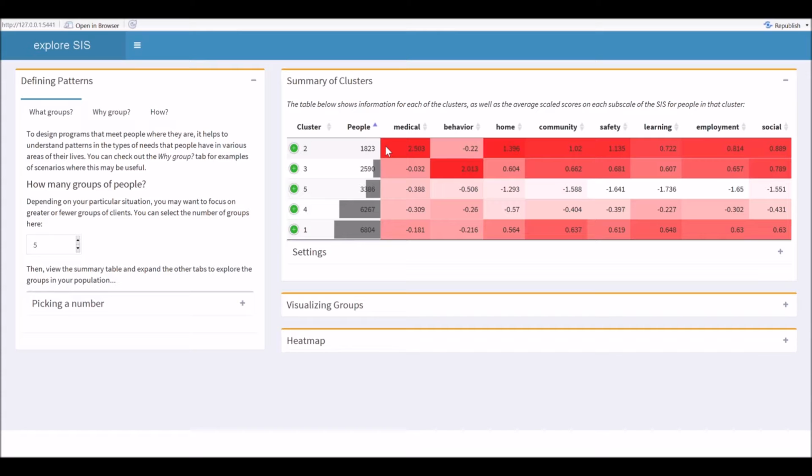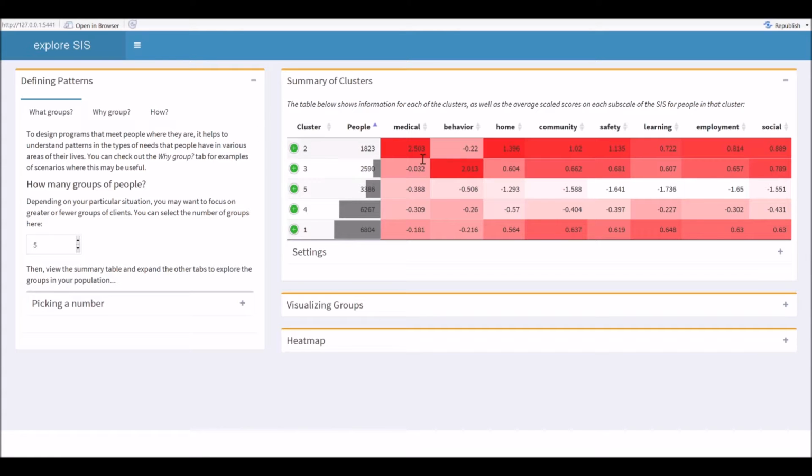Need here being the average score on that subscale, and it's actually the average scaled score, because we had to scale each of those scores so that they were comparable between the medical and behavioral subscales, which have a different type of scoring.